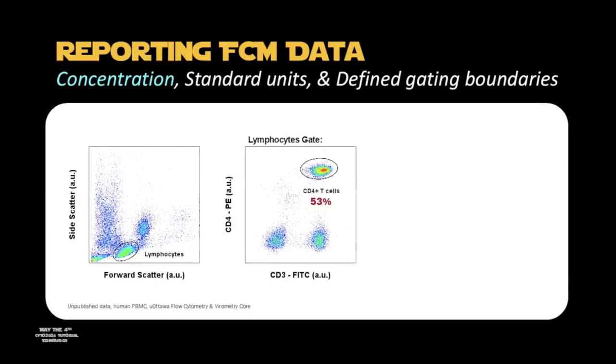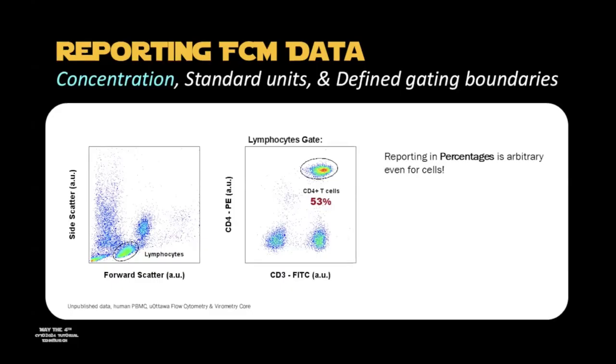And we've gated the lymphocytes to then look at the CD3 and CD4 population. And now we've gated these, and it's about 53%. So what we're trying to say here is that even with cells, T cells that we are very familiar with, these percentages can change depending on the placement of the gates.